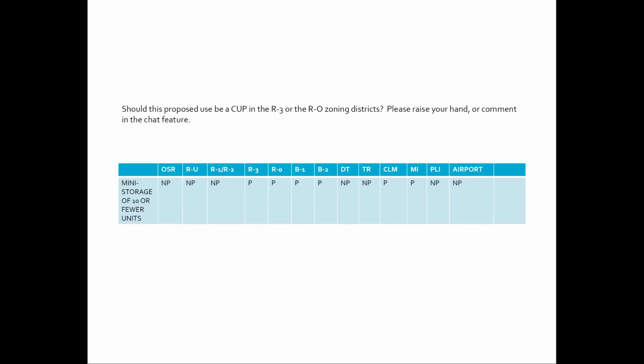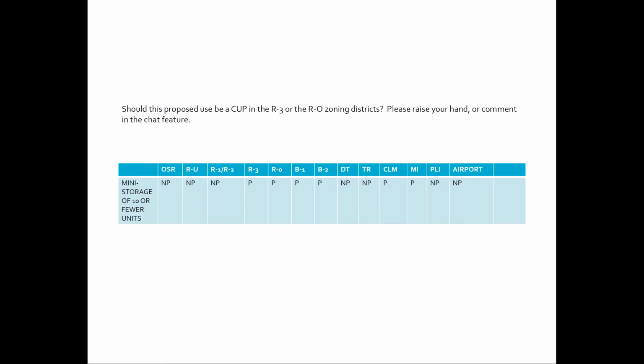Kim, the RU district is our residential urban district. It's one of our newer zoning districts. It allows primarily higher density, single and two family use, or two dwelling uses, and some limited commercial.